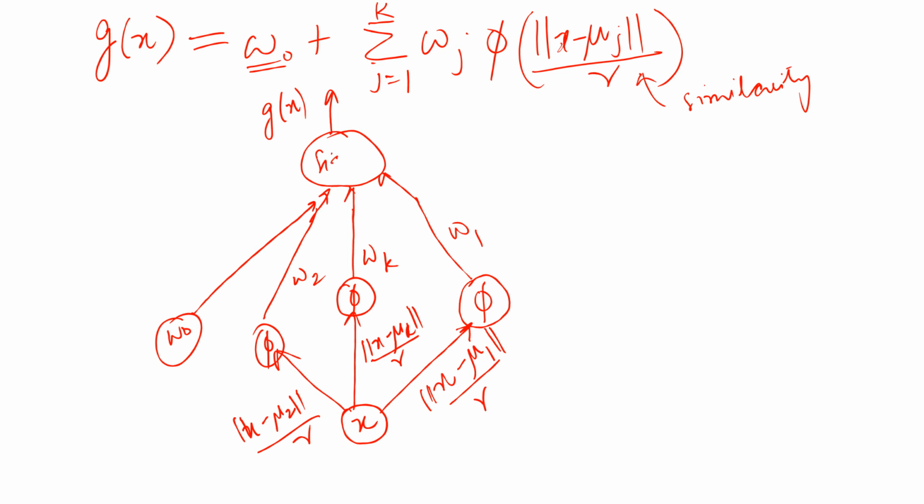Then maybe I'll have a sign function here, or if it was a logistic regression problem, I'll have the sigmoid and then find the probability, and so on. And if it was none of them, then I would just sum them up and get g of x, because it was a regression problem. So that's the pictorial representation, and this tells us why we've been calling this the radial basis function network.